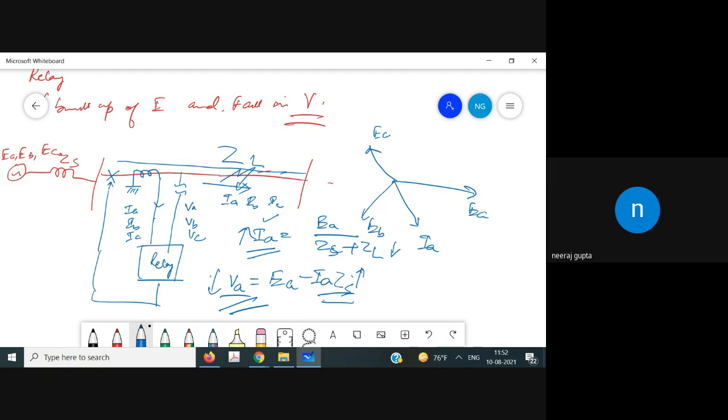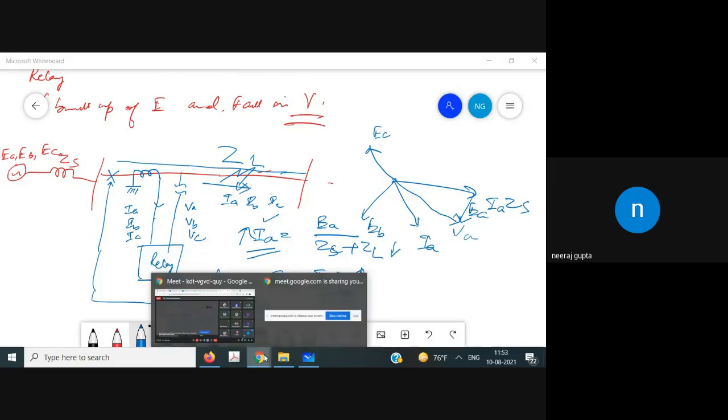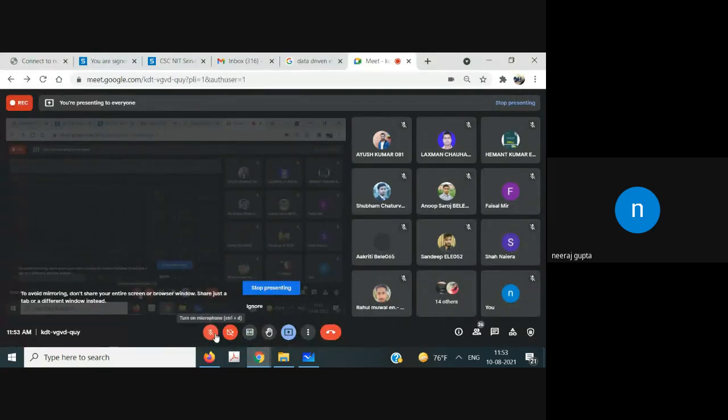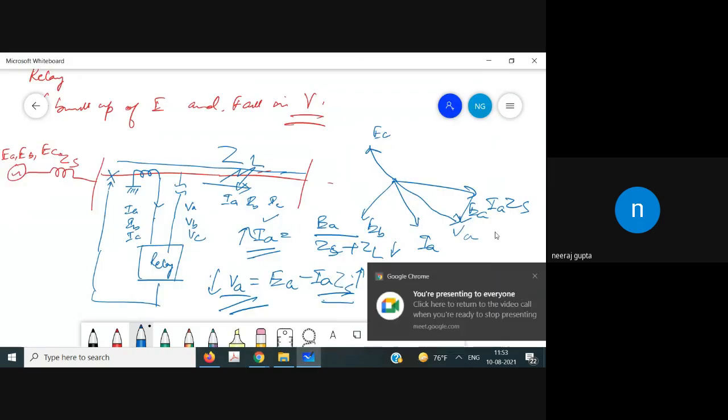So we have EA, then we will have IAZS, and finally we will have VA. Similarly, we can draw the phasor diagram of the other phases.